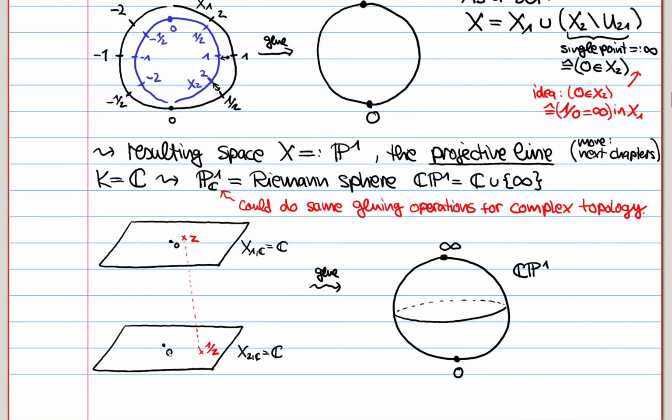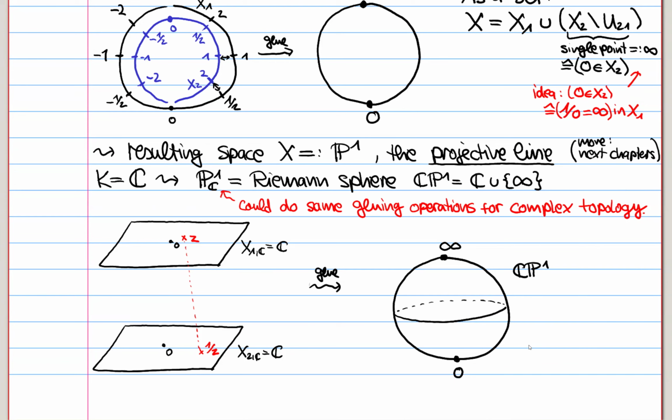And the zeros stay distinct. And then if you glue them, in fact, you will get a sphere. So you can, for example, take the x1 here, and then the one point added is this point here. And so you get a sphere, and this is called the Riemann sphere, CP1, which is C union infinity.